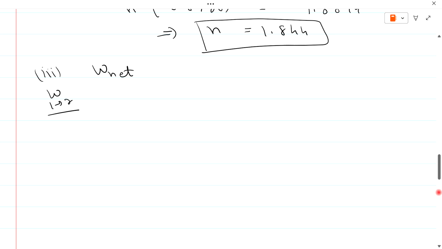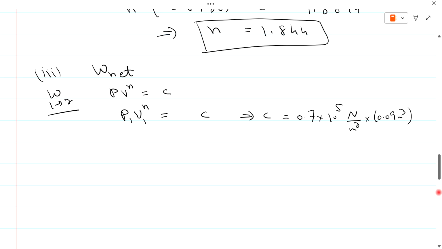This process is according to PV^n is equal to C, so first we find C. As PV^n is equal to C, P1 V1^n is equal to C. Putting in values, C is equal to the value of P1, 0.7 bar, where 1 bar equals 10^5 Newton per square meter, and the value of V1 is 0.09 meter cube to the power 1.844.